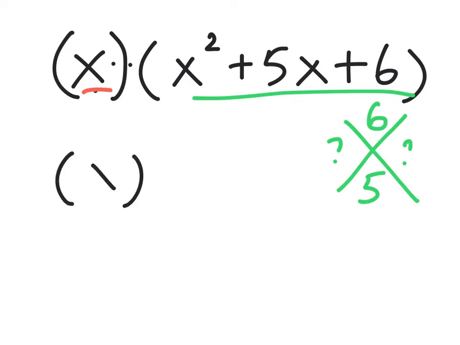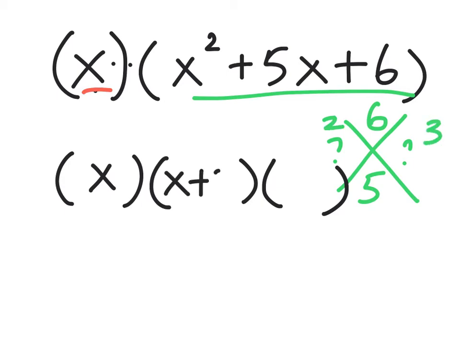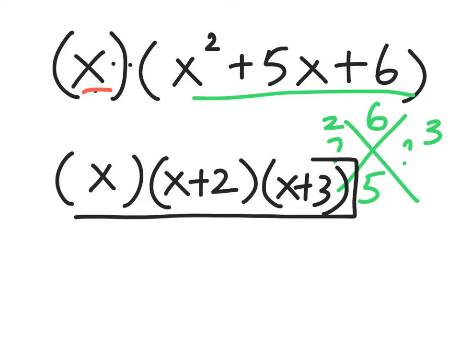Well, I have my x here and two other factors. In this case, the two question marks will be 2 and 3. So I'm going to end up with x plus 2, x plus 3. And so here we end up having a polynomial that can be factored into three different factors.